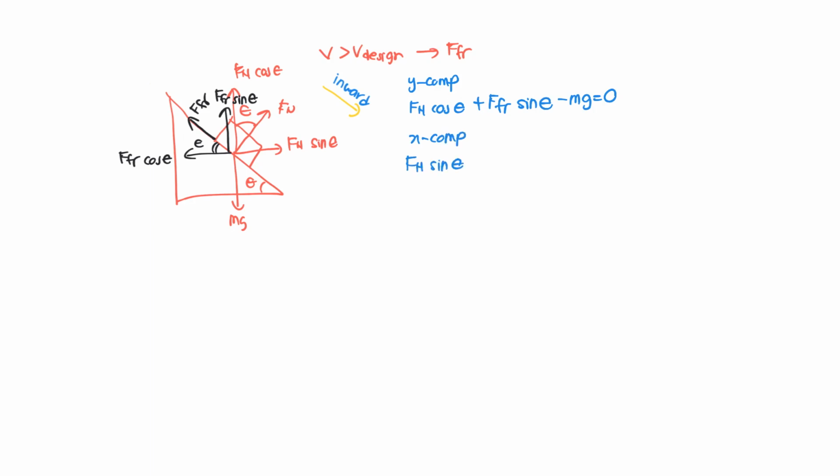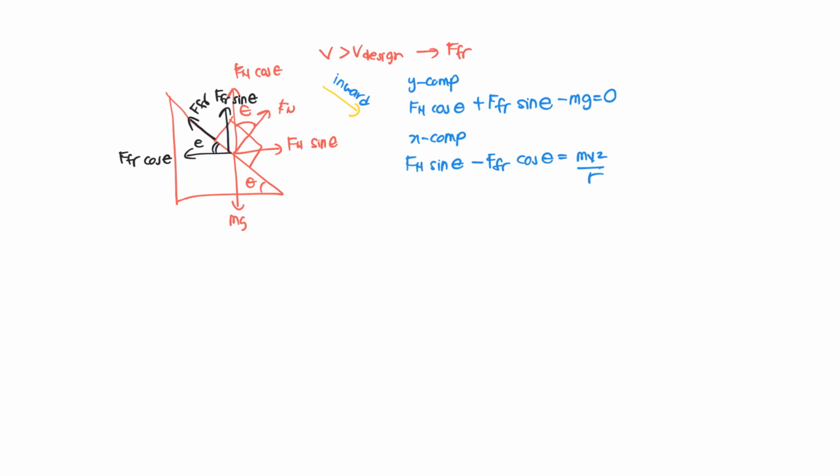Like I mentioned before, any force that follows the direction of the centripetal force, you make it positive because it's safer and you avoid careless mistakes. So it's going to be Fn sin theta minus FFR cos theta equals to what? Mv square over r. That is if you skid inward.